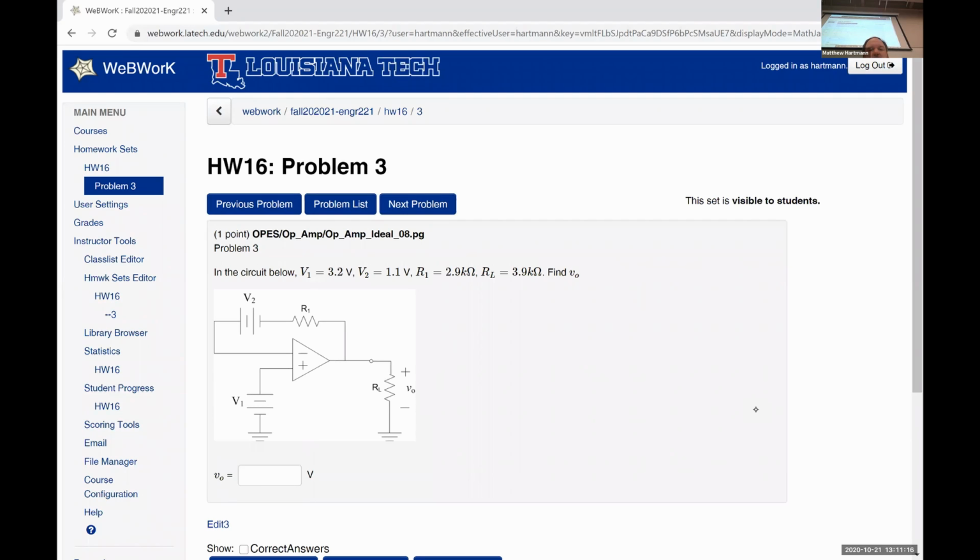So what's the voltage drop over the resistor R1 have to be here if we apply the ideal op-amp rules? Nope.